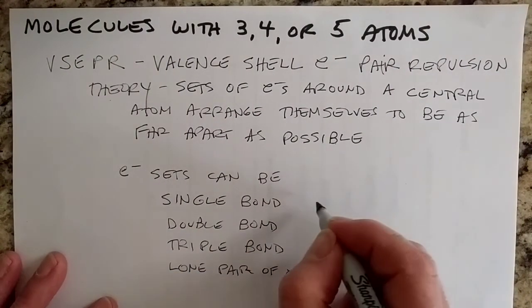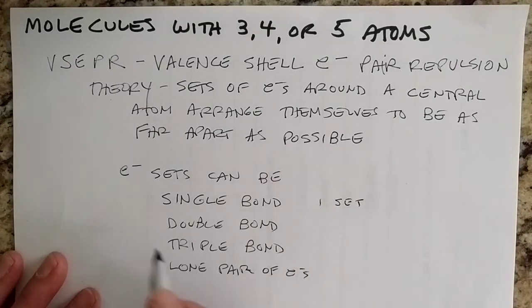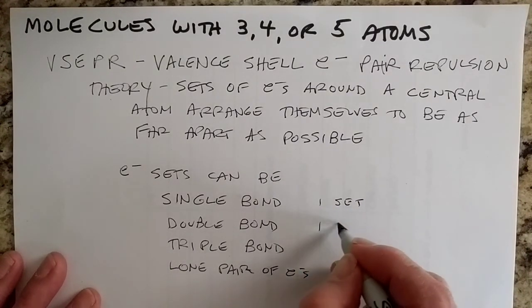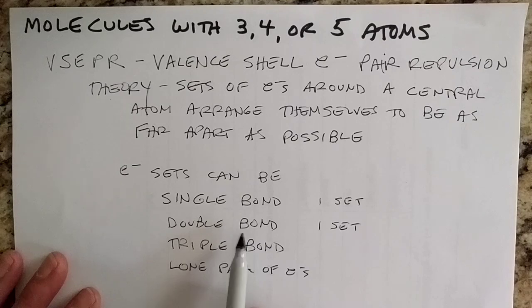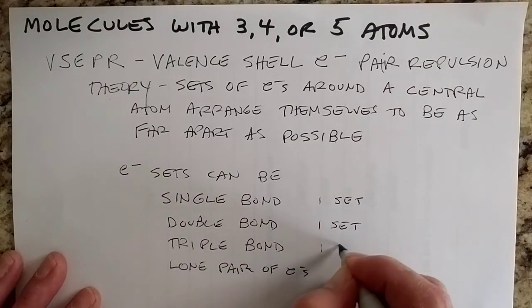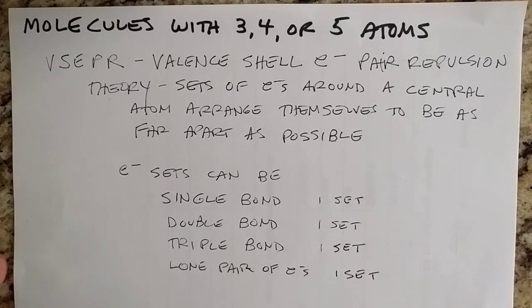So our single bond is one set. A double bond is one set. So that might seem kind of crazy because a single bond is 2 electrons, a double bond has 4, but they're still one set. Same with the triple bond. It is one set, and a lone pair of electrons is also one set.